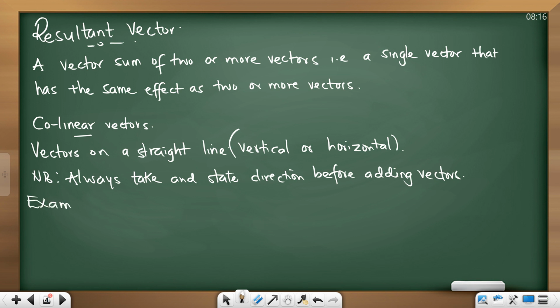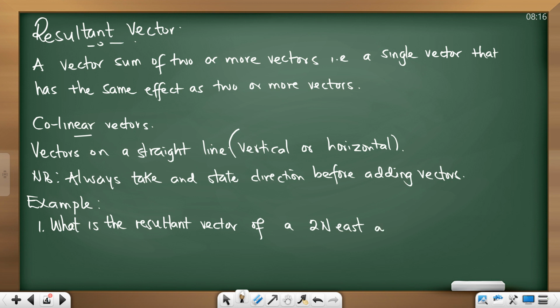Example number 1. What is the resultant vector of a 2 Newton east and a 4 Newton west force?